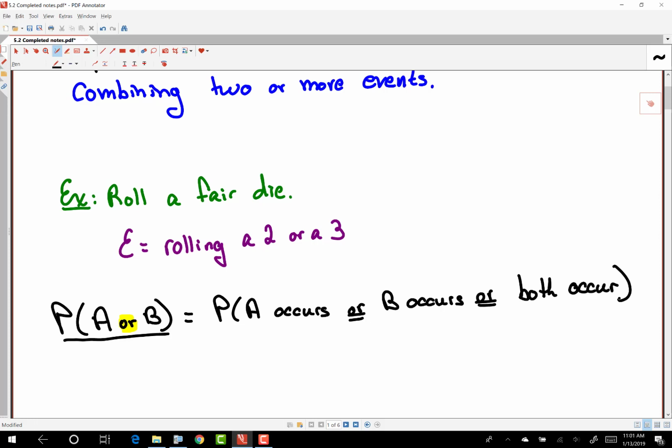There's a big difference. With the "or", you could have the college degree and no experience and still be qualified. You could have the 5 years experience and no college degree and still be qualified, or you could have both and still be qualified. But if the ad said that you need a college degree and 5 years experience, you've got to have both of them. And in the next section, that's where we'll be talking about "and" probabilities.